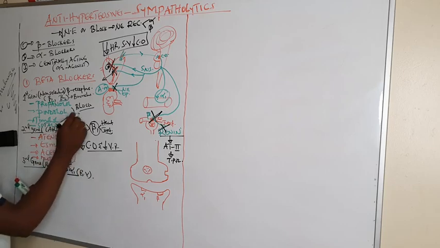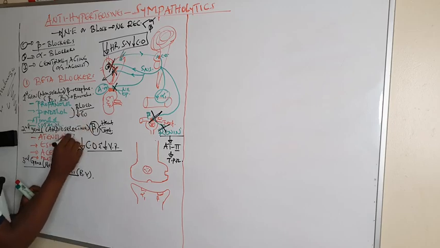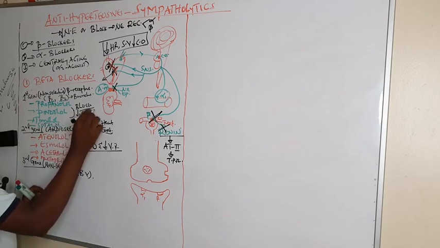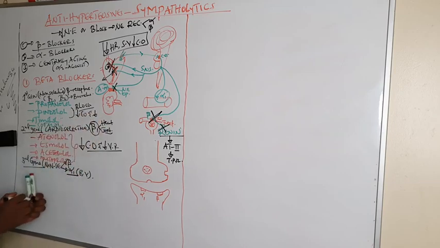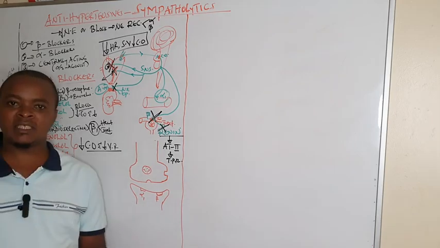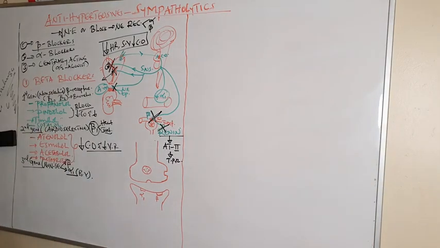Whereas these ones only have the ability to decrease cardiac output. They decrease cardiac output, and they also cause bronchoconstriction. So meaning these ones are contraindicated in asthmatic patients and COPD.